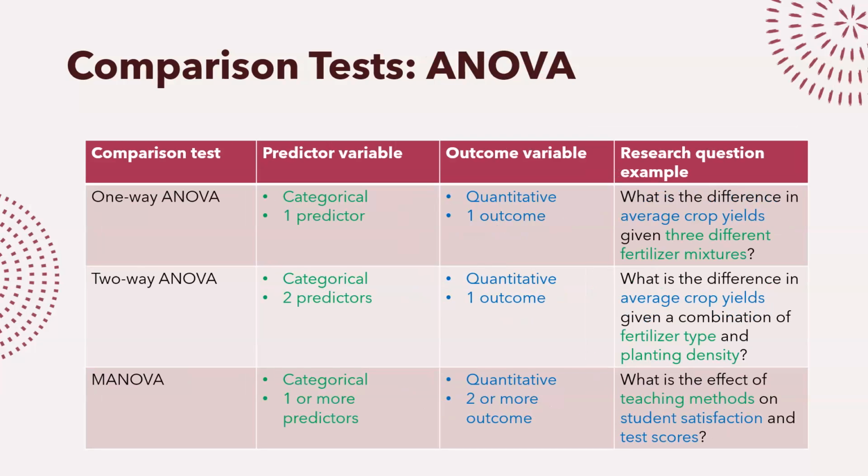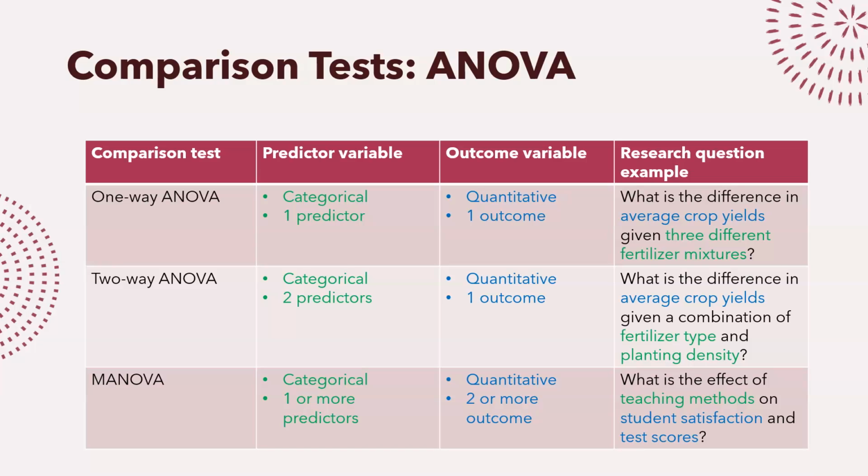ANOVA, which stands for Analysis of Variance, is a statistical test used to analyze the difference between the means of more than two groups, such as the average heights of children, teenagers, and adults. A one-way ANOVA uses one independent variable, while a two-way ANOVA uses two independent variables.